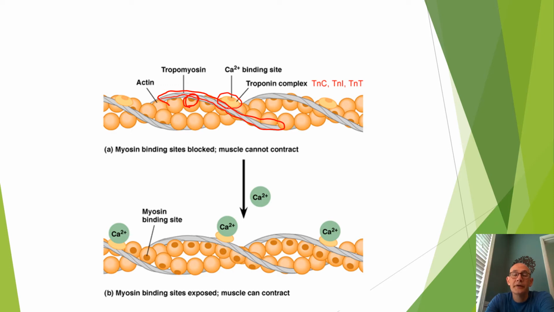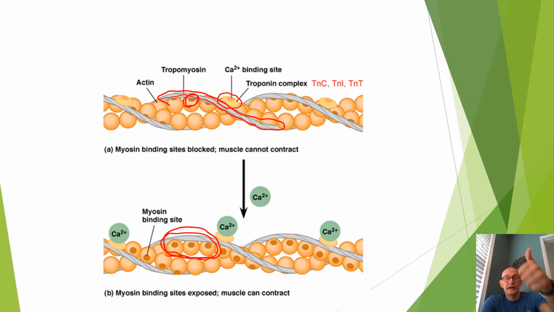And on the troponin, there is a little spot for the calcium to bind. So when the sarcoplasmic reticulum releases the calcium, it binds to the troponin complex. When the troponin complex has the calcium, that moves the tropomyosin and it opens up the myosin binding sites on the actin. So we haven't even started moving the muscle yet.